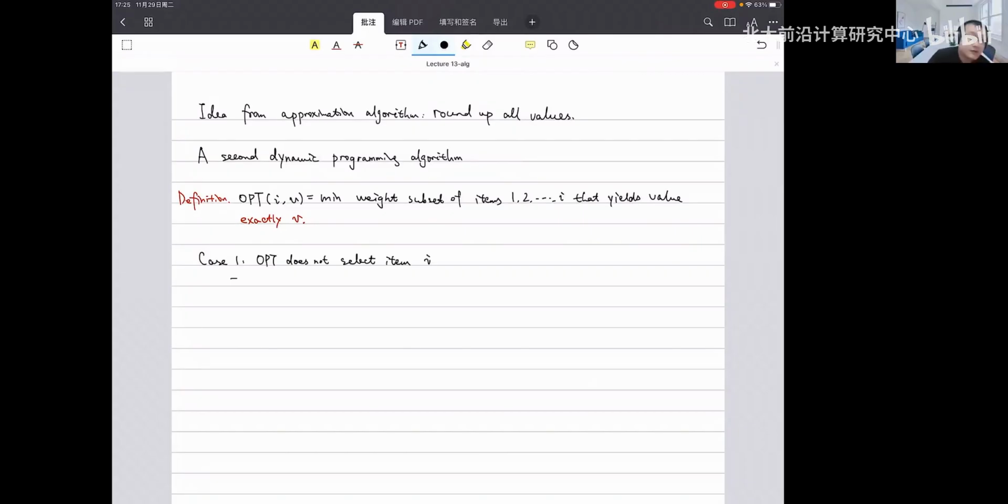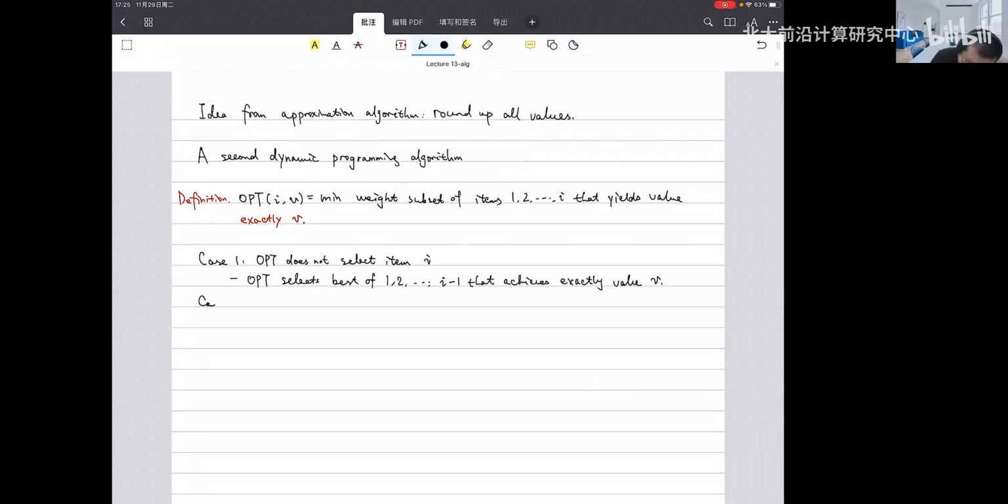In this case, the OPT is just going to select the best subset of items 1, 2, until i minus 1 that achieves exactly value v. So this is the first case.